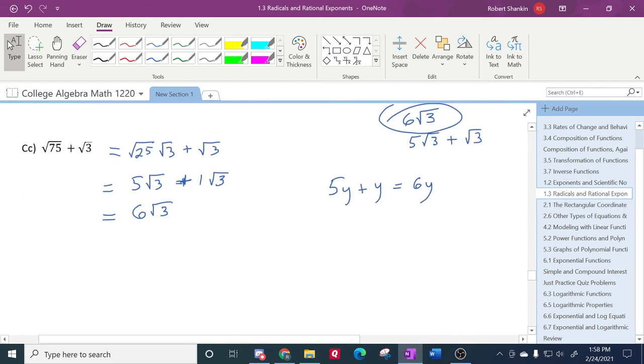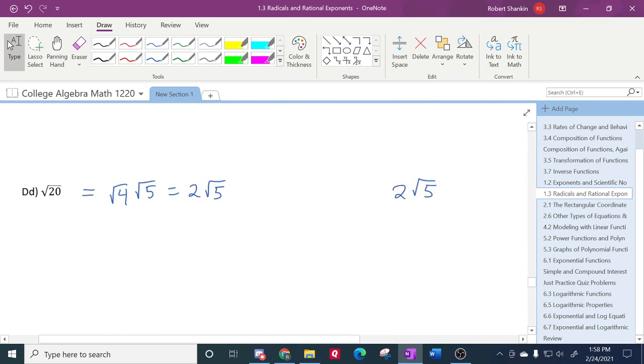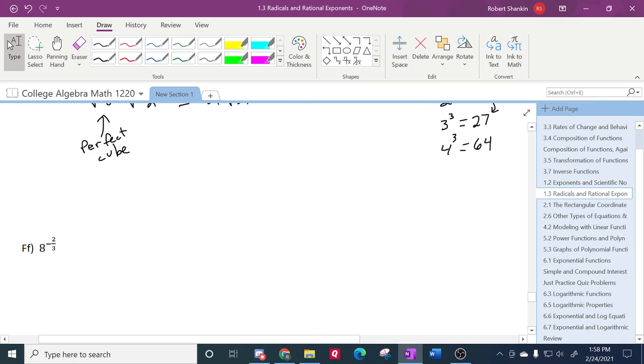On. So the instructions here are to simplify all these things. So 8 to the negative 2/3.